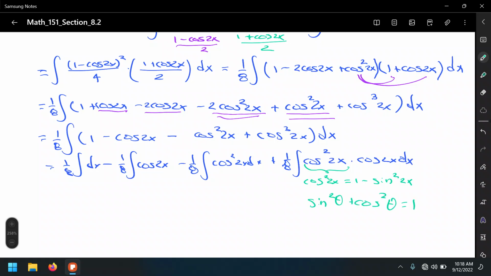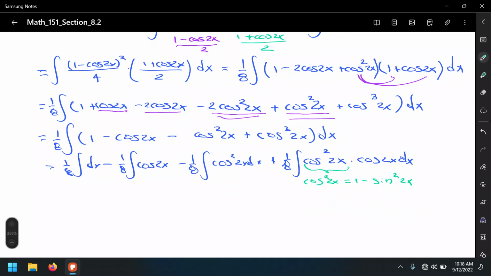This identity is valid for any real valued angle, like for example 2x. It's valid for x, 7x, 5x, and why not 2x? So of course it's also valid for 2x.